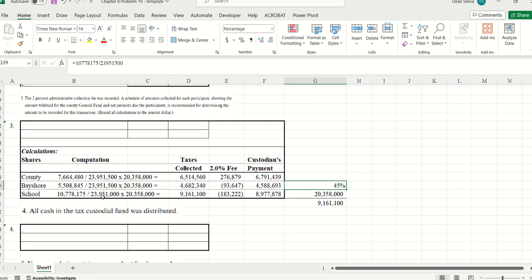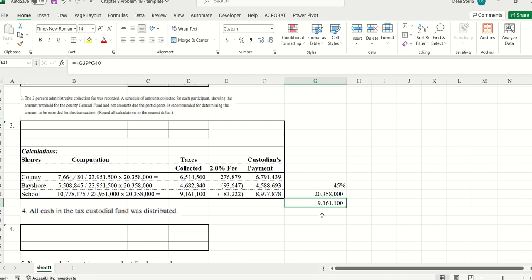This is the levy, so we take that individual tax levy and then multiply it by the total levy, and then we multiply it by the cash we collected. So if we leave that there, and again, that's just multiplying the 45% times that, it is 9,161,100.